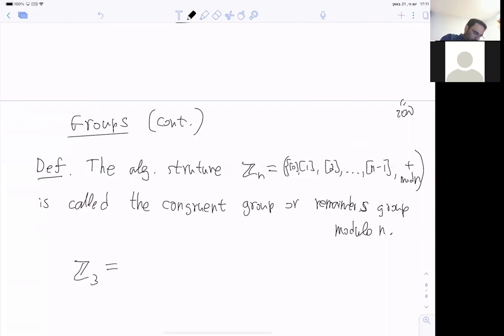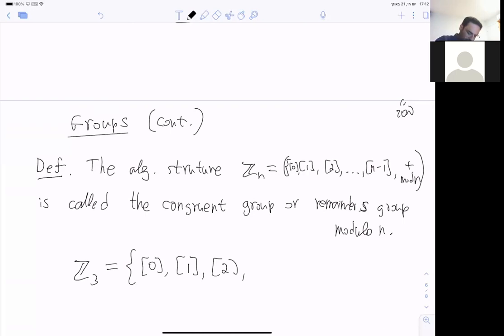Z3 is just all numbers that are 0 modulo 3, which means that are divisible by 3, and all numbers which are 1 modulo 3, which is 4, 7, etc. And 2 modulo 3, which is 2, 5.